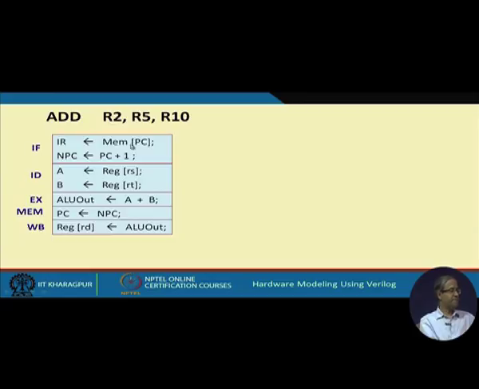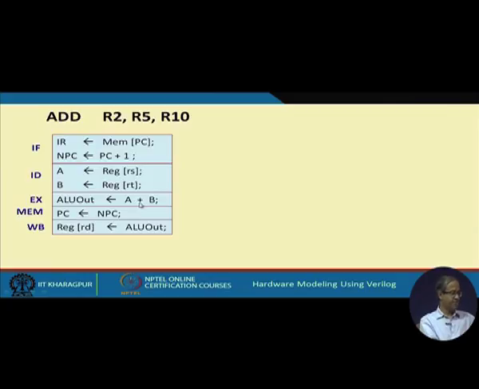For IF you are fetching this instruction in IR and incrementing PC, that goes to NPC. Second stage, well, IMM I am not showing because this instruction does not require IMM, it only requires reg RS and reg RT. So, they are stored in A and B. So, in the EX stage it will decode, it is an add.